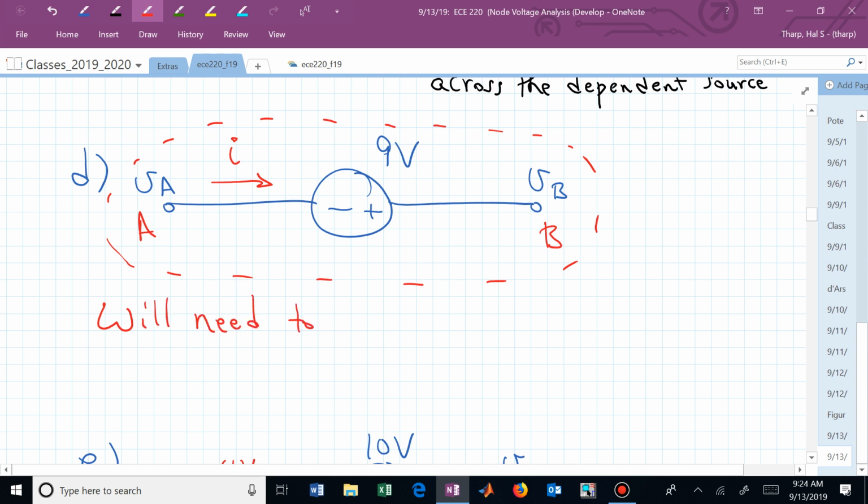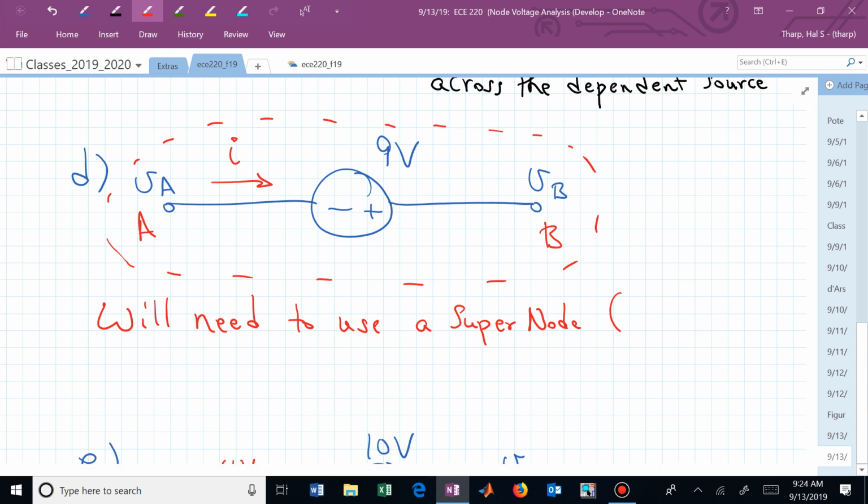We'll need to use a supernode, and that supernode is defined by that red dashed enclosure, and that enclosure, we can apply KCL to any encirclement of a circuit network.